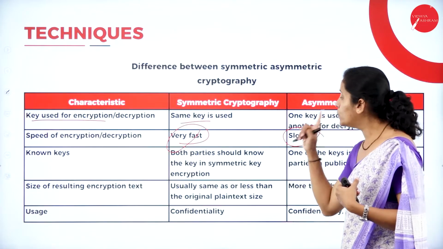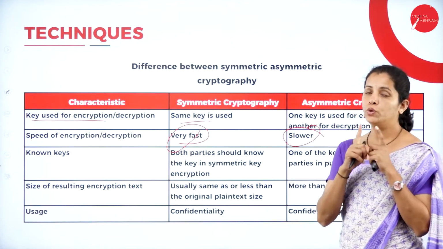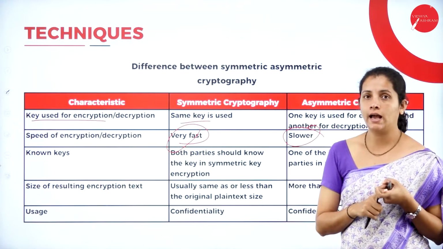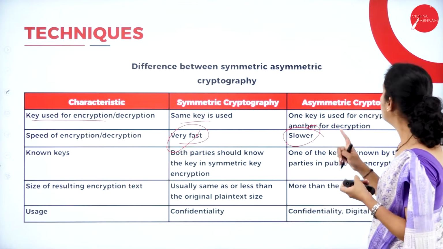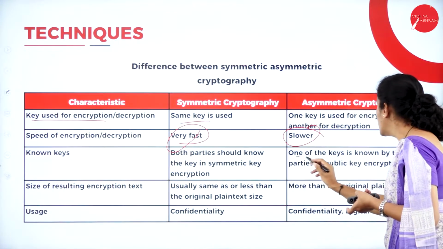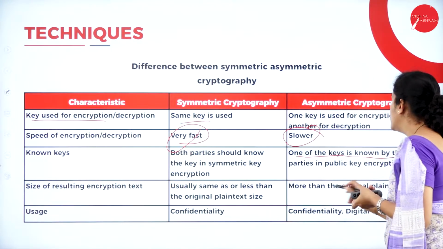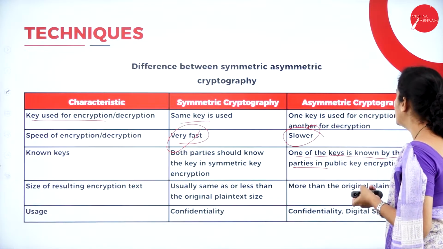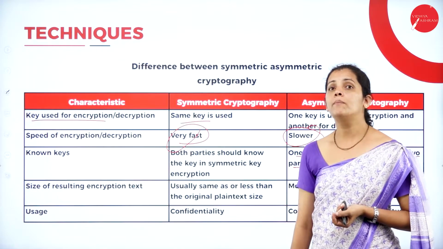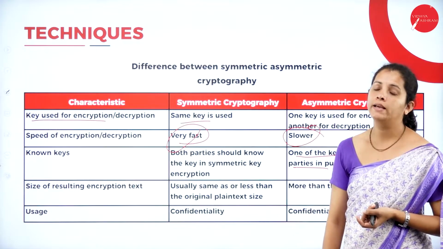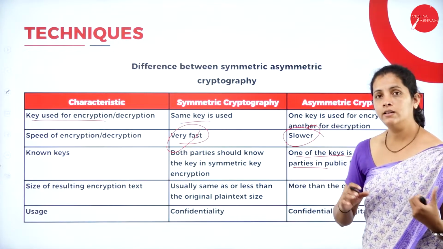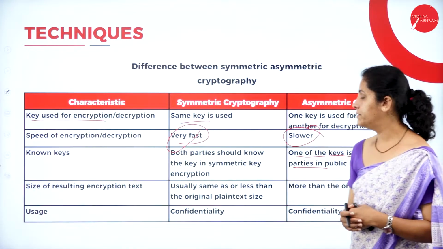That means to encrypt and decrypt, you use only one key, which is known by both the sender and the receiver. But in asymmetric key encryption, one of the keys, the public key, is known by the two parties, the sender as well as the receiver.